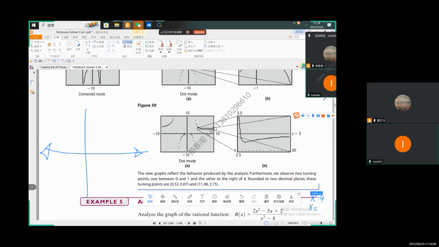Okay, x equals -2, easy, and y equals 2. Oh, this is so easy. Yeah.